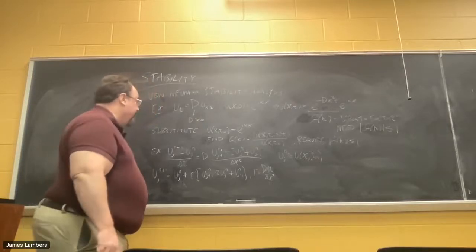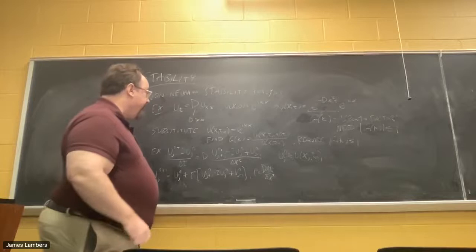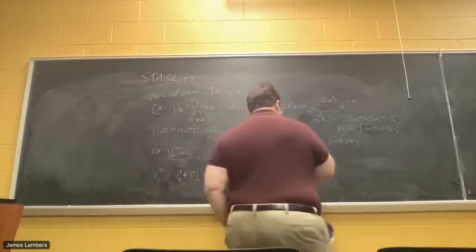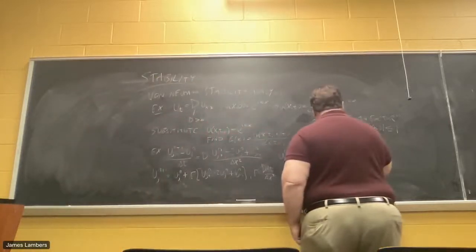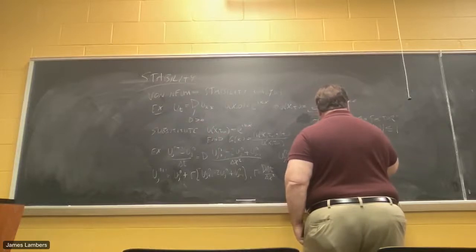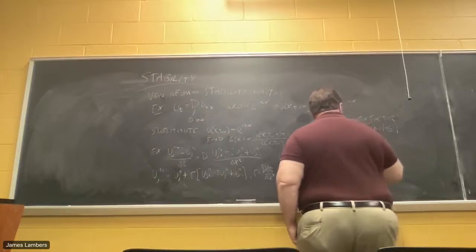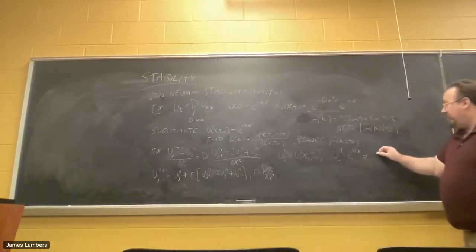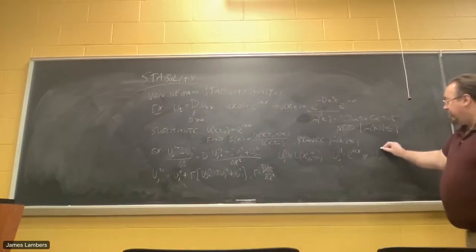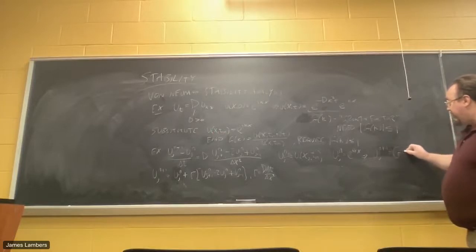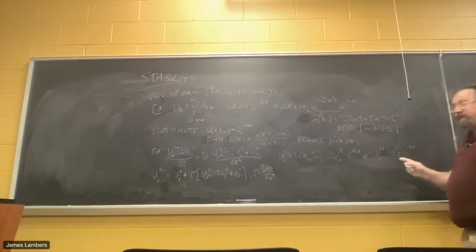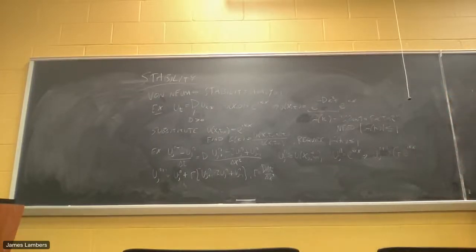Now, if I let U_j^n equal e^(ikx), then that means that U_j^(n+1) is equal to G e^(ikx), whatever growth factor G is, which we don't know yet.